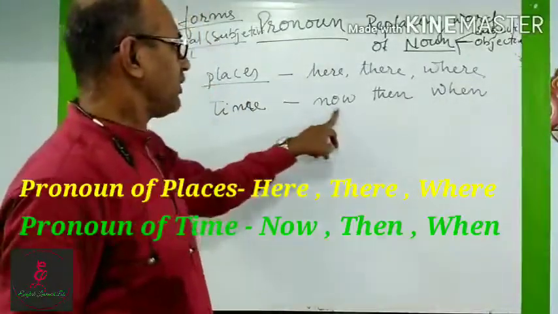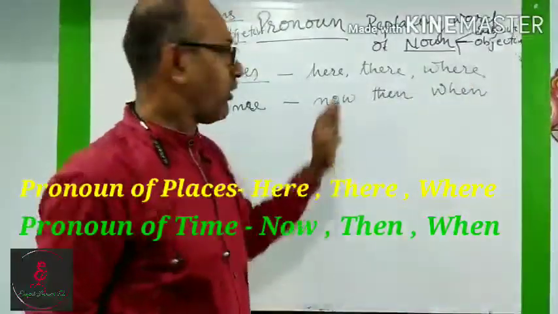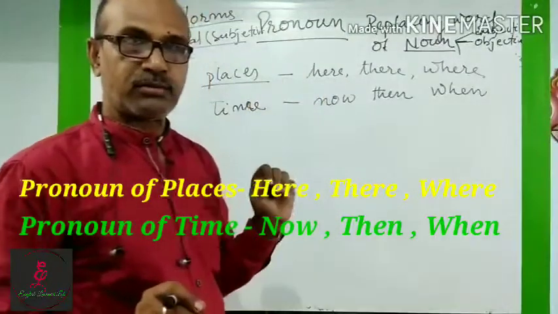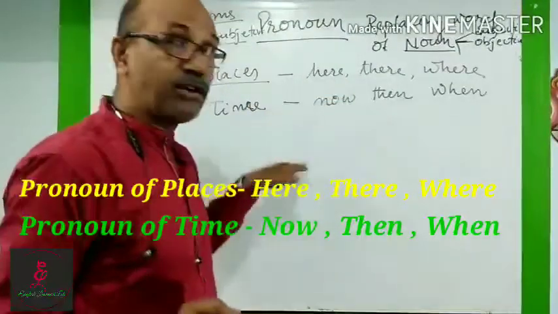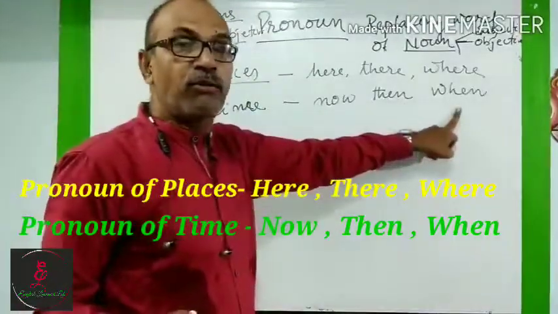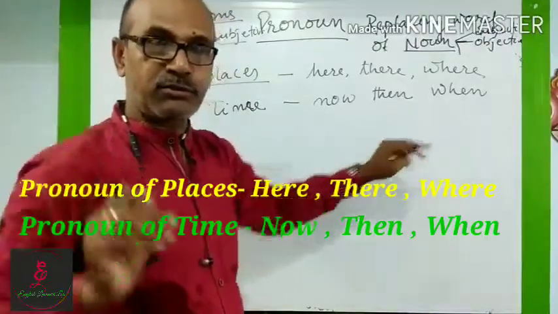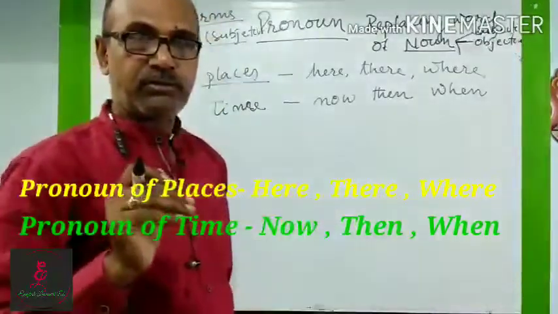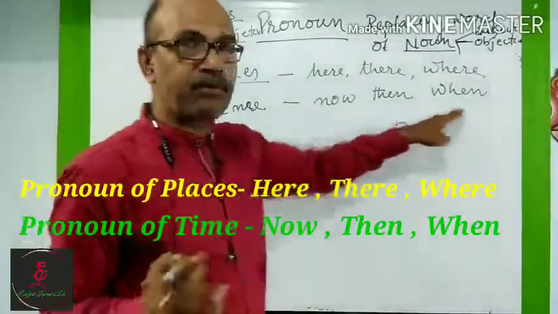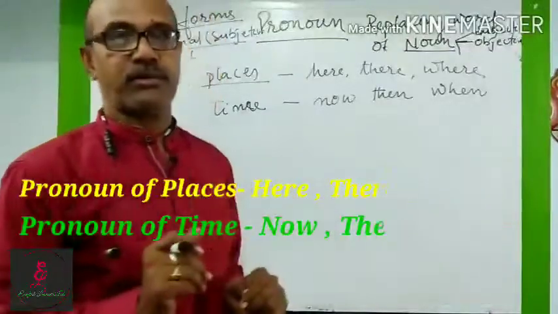For them we use now or then or when. So these are also known as pronouns. But they are not included in that table. Why? Because they have no such different forms like possessive, like objective, like reflexive. That's why they have been kept aside from that table.